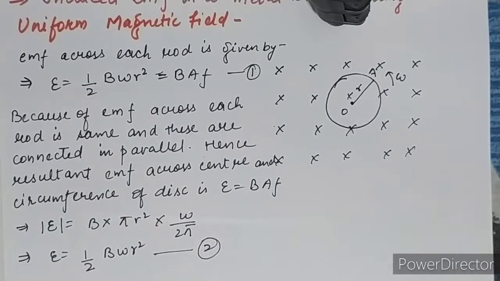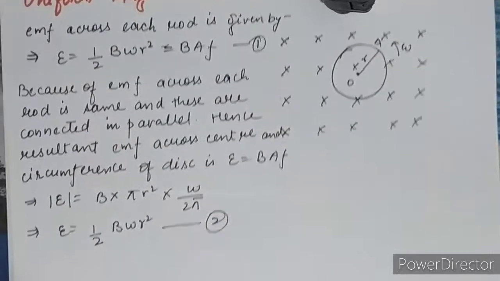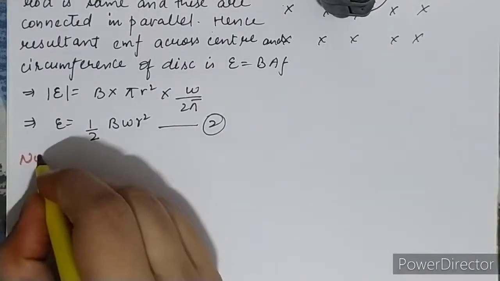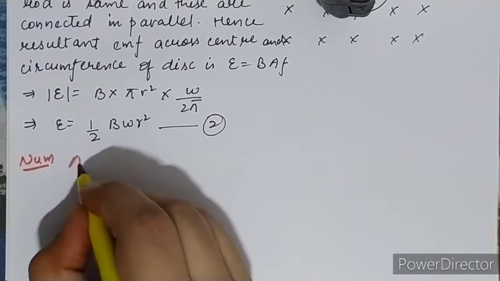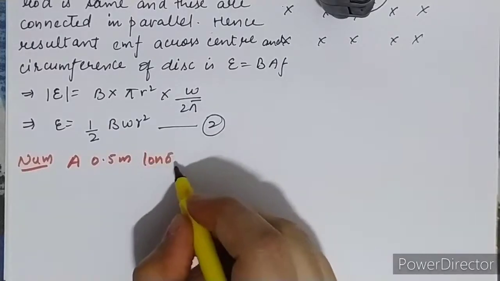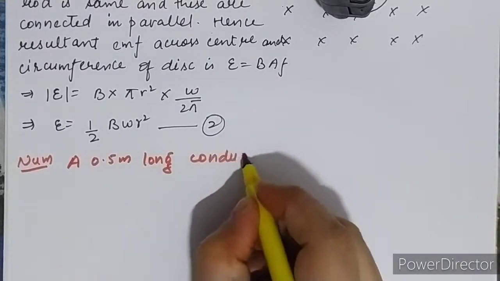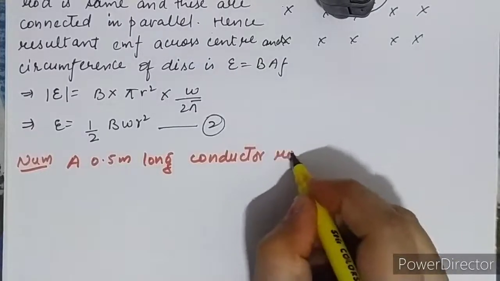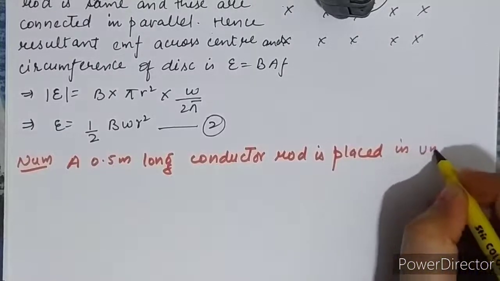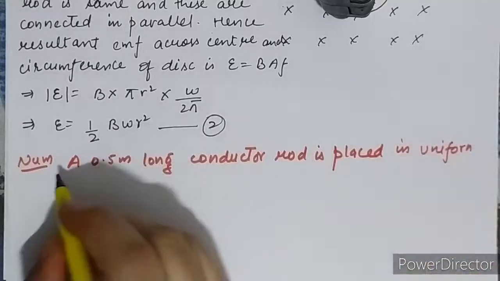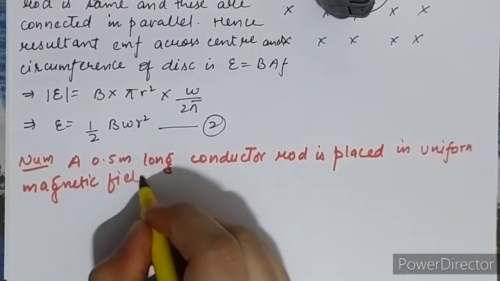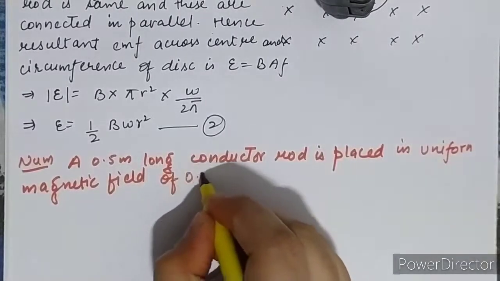So, in that numerical, the question is: a 0.5 meter long conductor rod is placed in a uniform magnetic field of 0.04 Tesla.